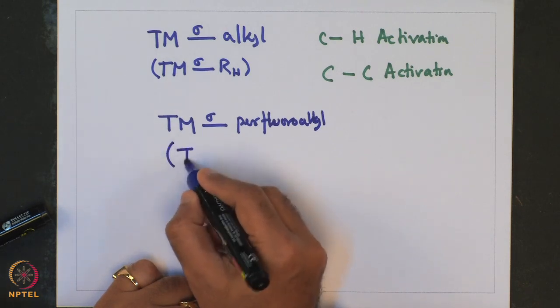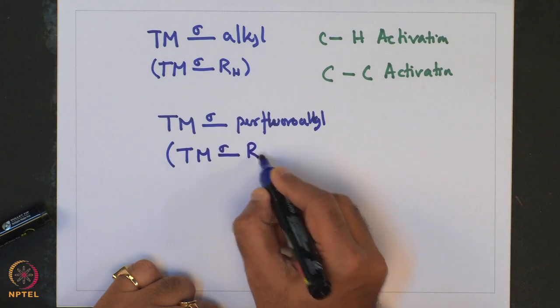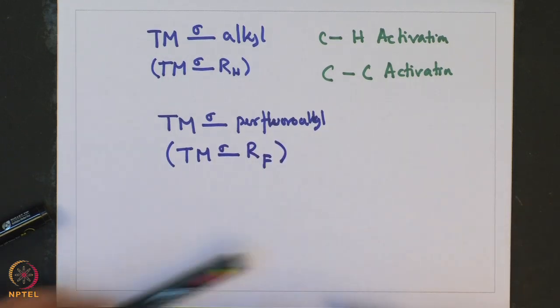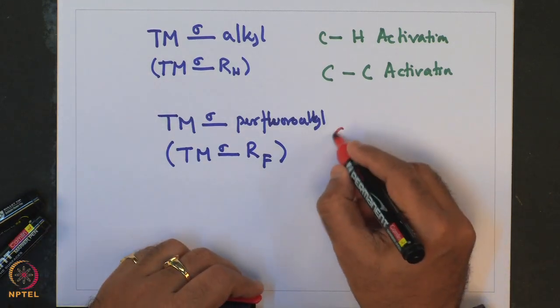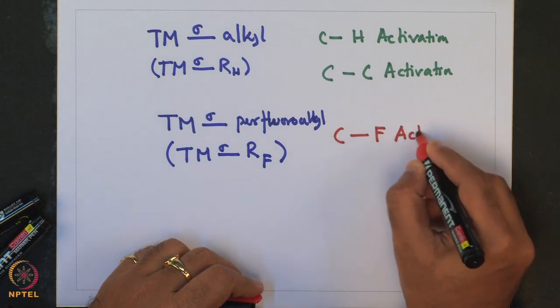These are represented by TM sigma Rf, and in this context we have looked at CF activation reactions.